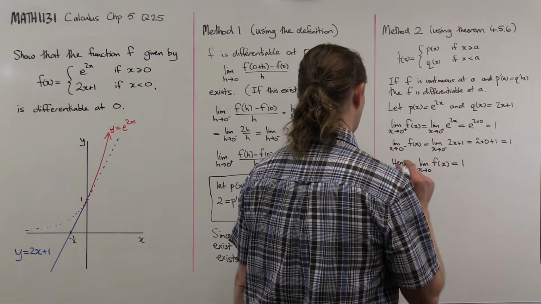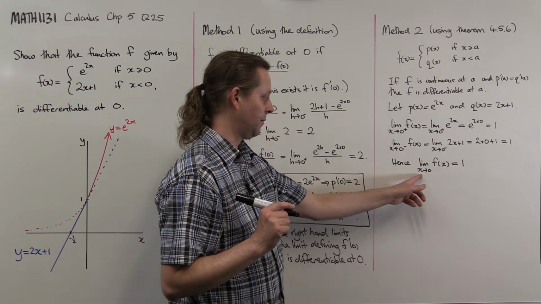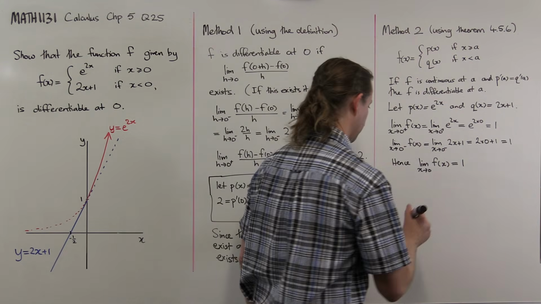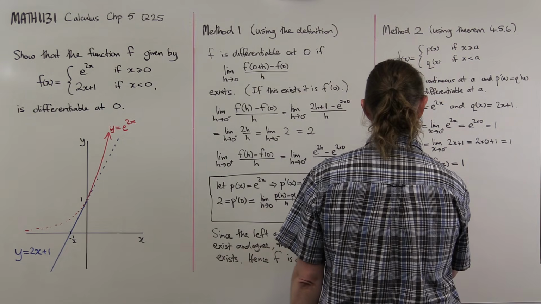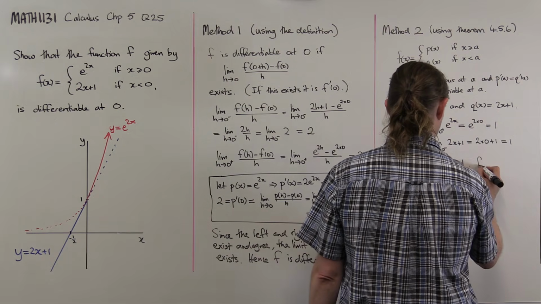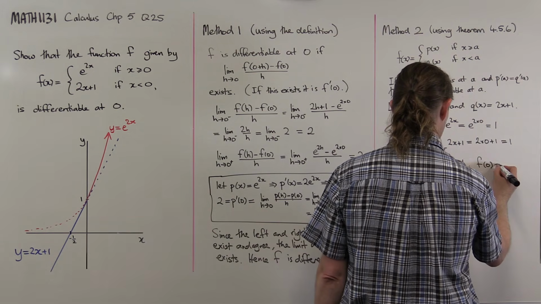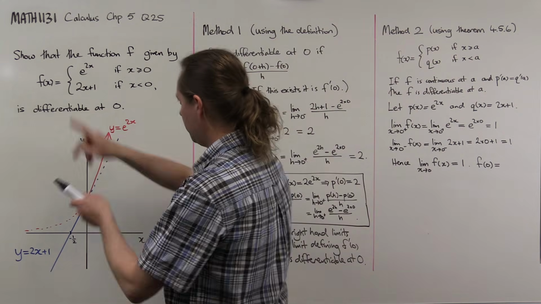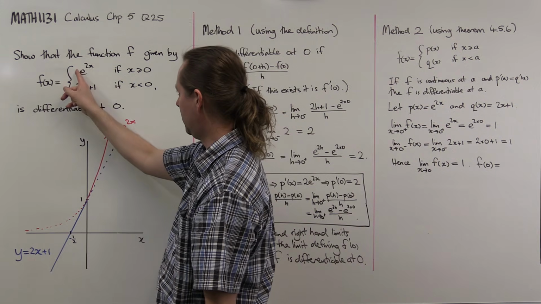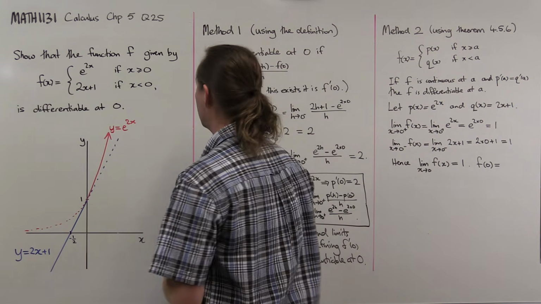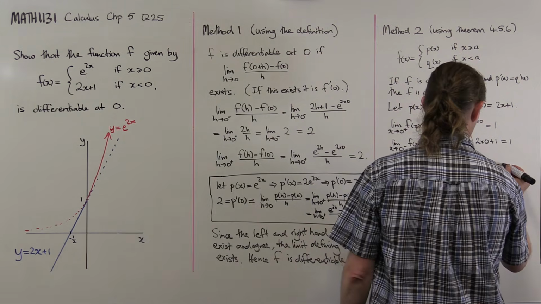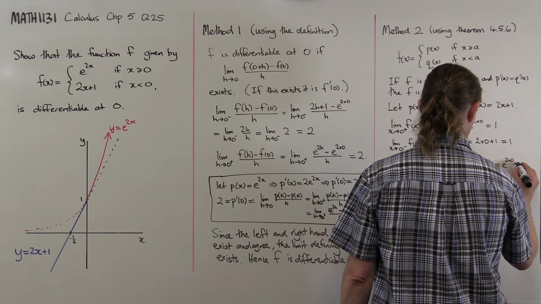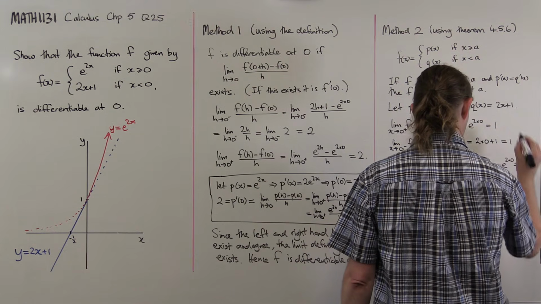Now to be continuous, this limit should actually be equal to the value of the function at 0. So let's work out what f of 0 is. Over here, if we put in 0, we get e to the 2 times 0, which, of course, e to the 0 is 1.